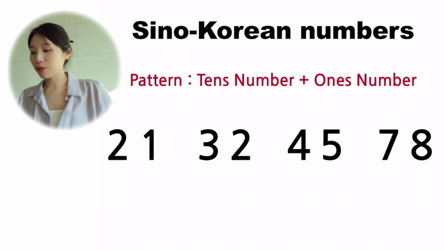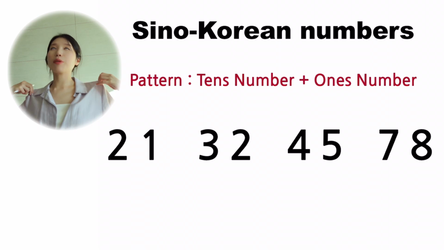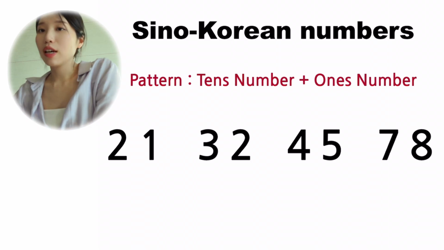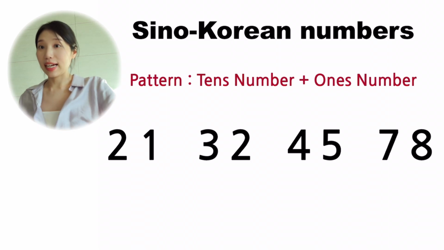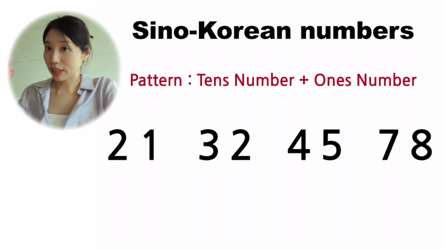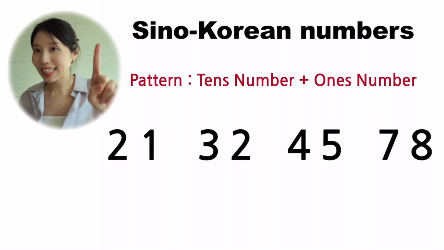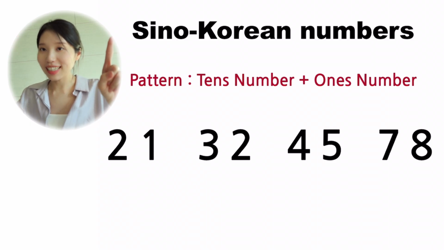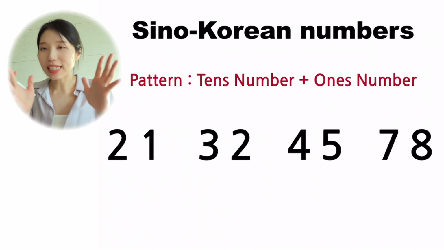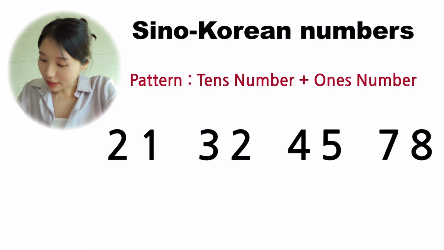Alright, so 21. Again, like in native Korean numbers when we practiced this, it was 스물하나. But in Sino-Korean numbers, it's easier. 2, 이, and what was 10? 십. So 2 tens, 이십.